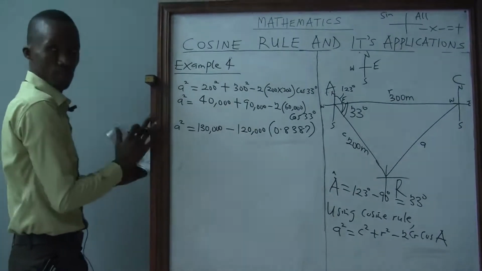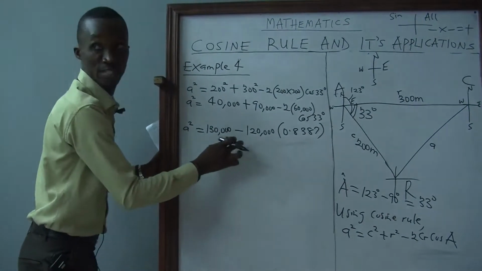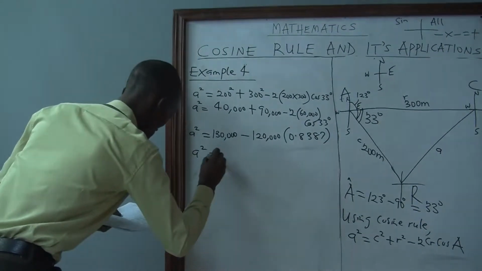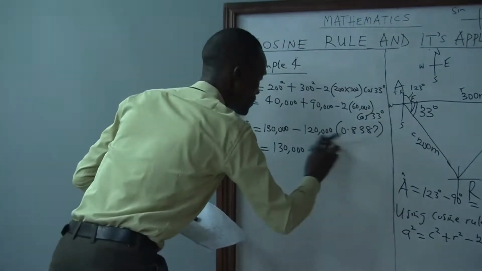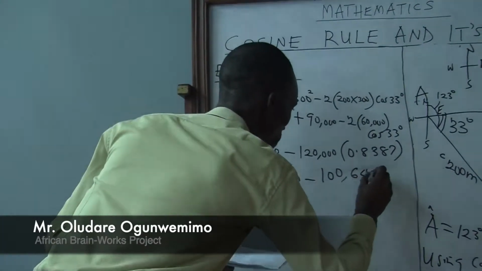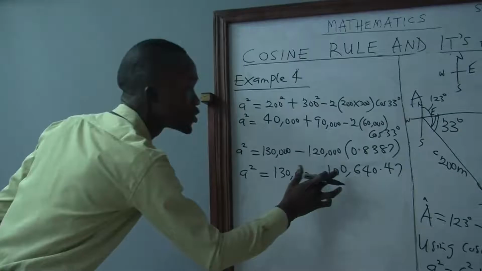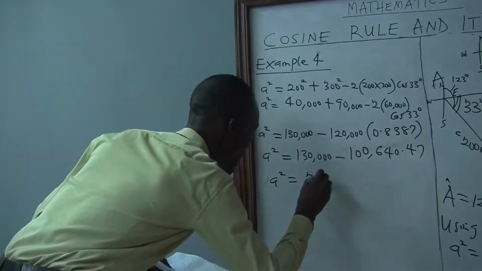So we do this one separately, do this one separately too, then we combine them with the sign that separates them. So we have a square to be 130,000 minus the product of these two, which gives us 100,640.47.